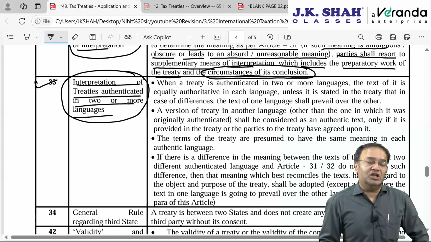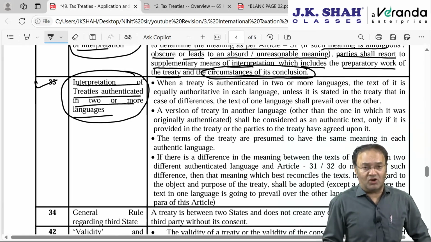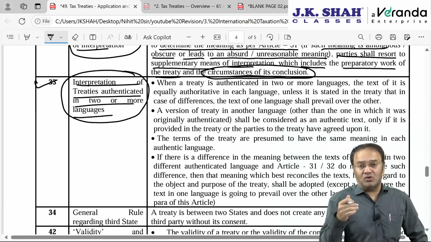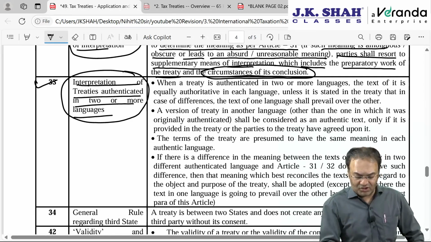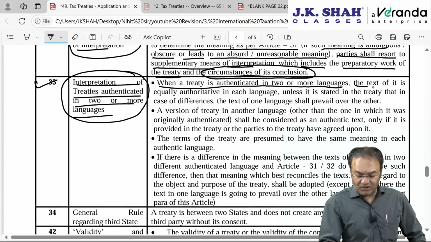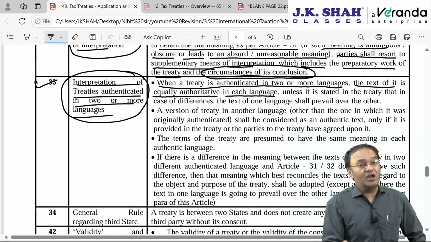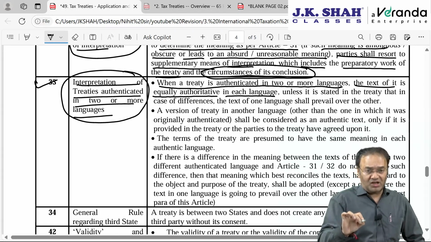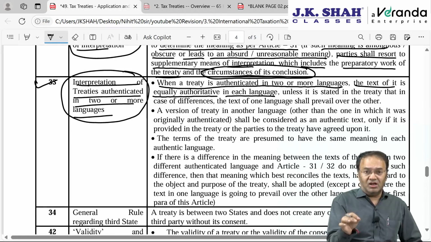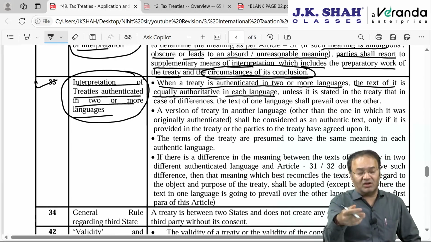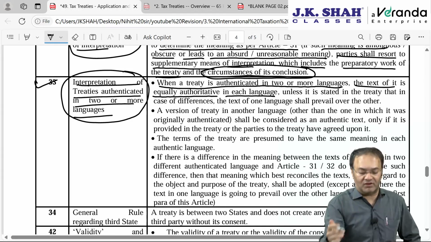However, initially the treaty was in two languages. Later on, if they want to come out with a treaty in another version, another language: when a treaty is authenticated in two or more languages, the text of both of them is equally authoritative in each language, unless they have decided from the beginning that the meaning assigned in a particular language will supersede the meaning in another language.